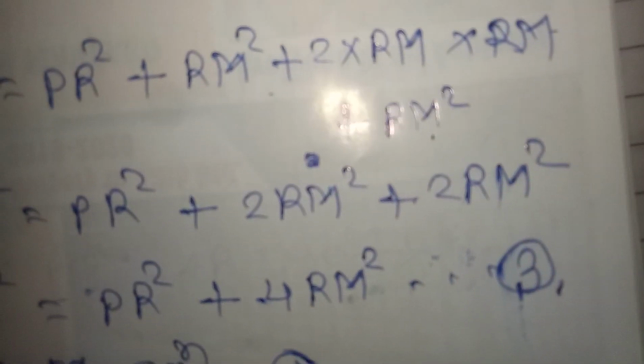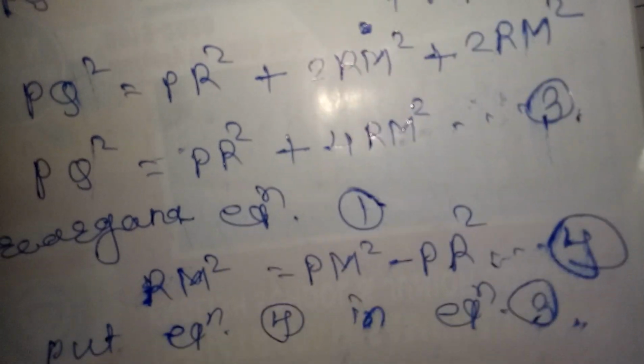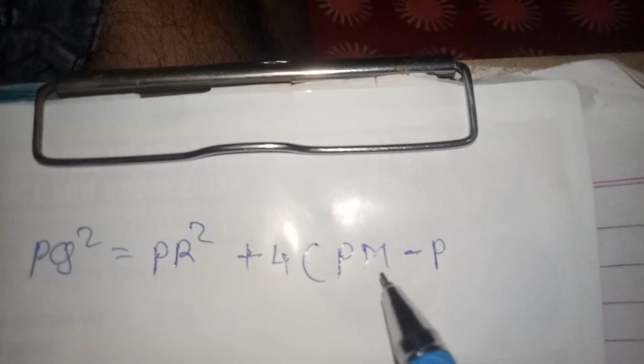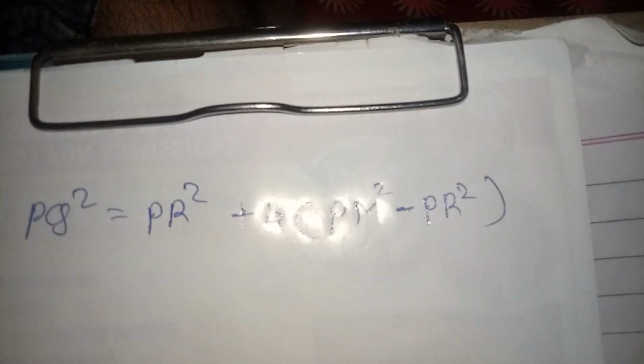Equation 3rd is there, PQ square is equal to PR square plus 4 times RM square. But what is RM square's value? PM square minus PR square.